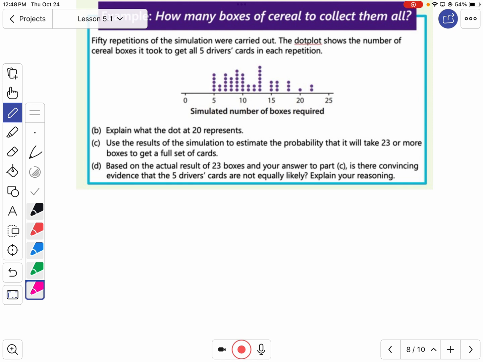Okay, so let's look at this one. It asked me to explain what the dot at 20 represents. In this situation, what does that one dot represent? Well, in one simulation, it took 20 boxes to get the cards.